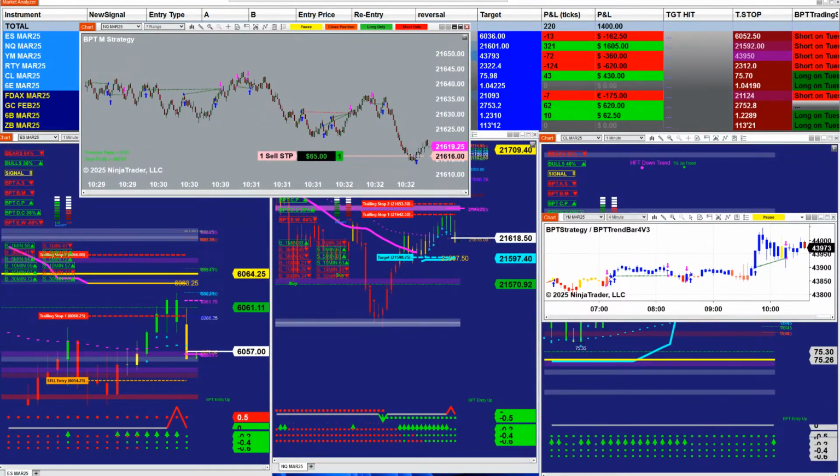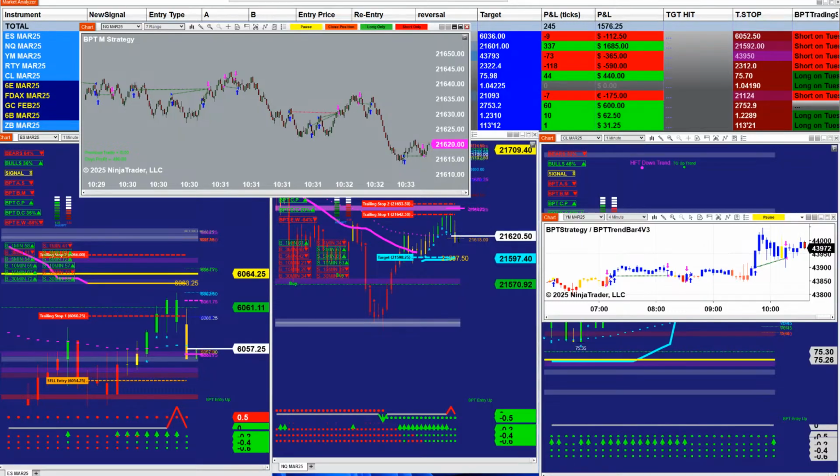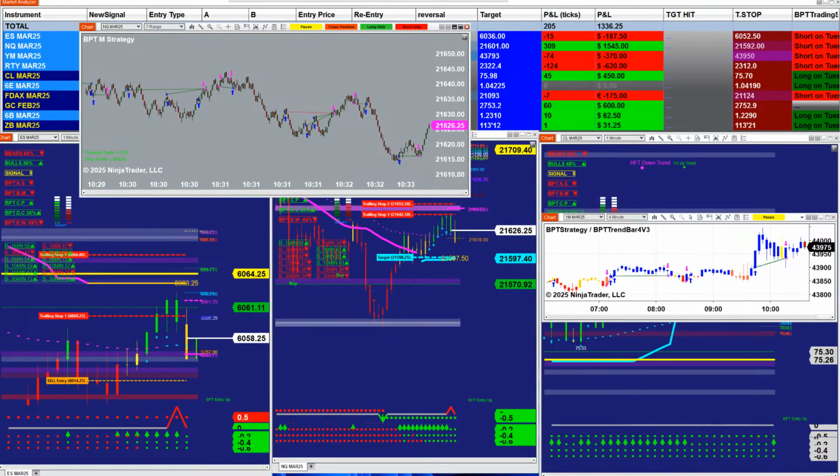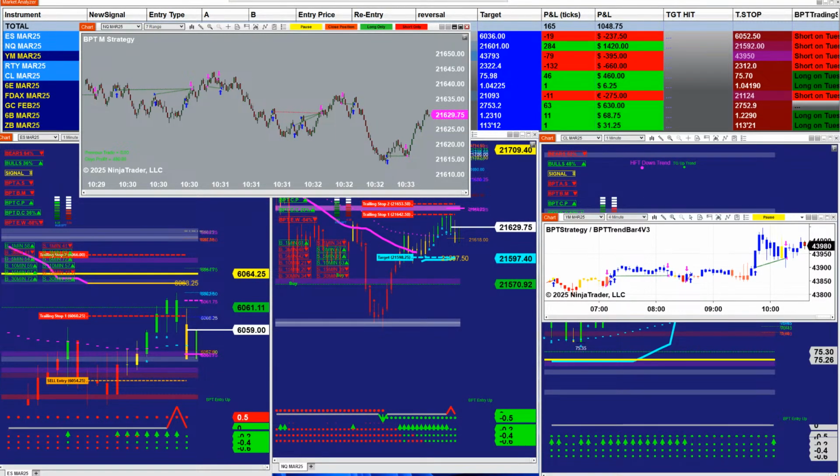Now it took another trade. We are on 480. We're still on 480. Now he's going to take a short from the fib.